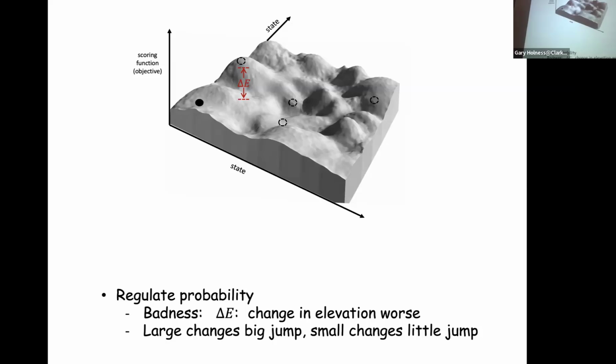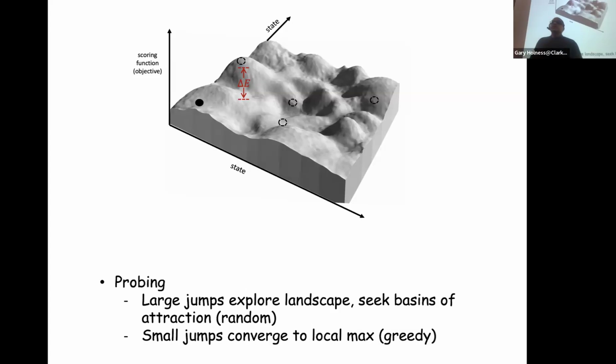But if it's not producing good improvements on your objective measure, then you want to just cut your losses and go to some other neighborhood, some region of the landscape. Large changes give you a big jump, small changes give you a very little jump. Does that make sense? All right. Any questions? No? So you're effectively probing. Just like random restart did probing, simulated annealing is probing.